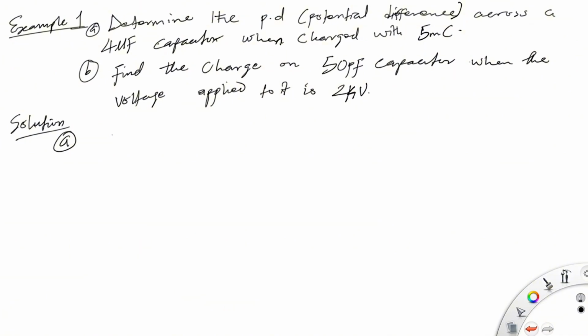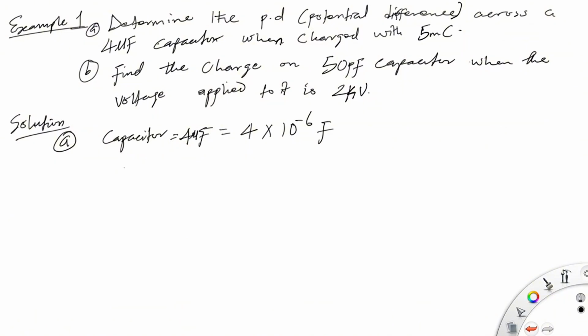We'll now say capacitor C was 4 microfarads. Right, 4 microfarads. Micro means what? 10 raised to the power minus 6. If you can remember from our previous class on prefixes, you can get this.